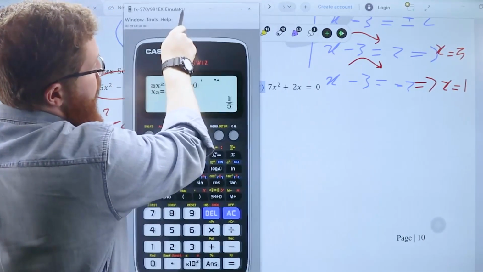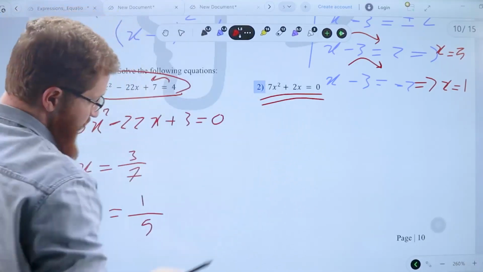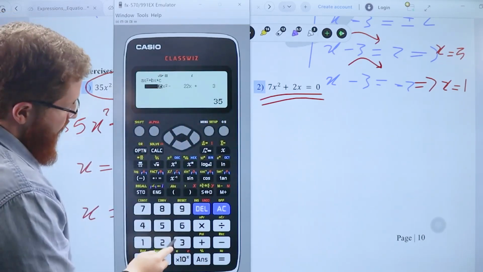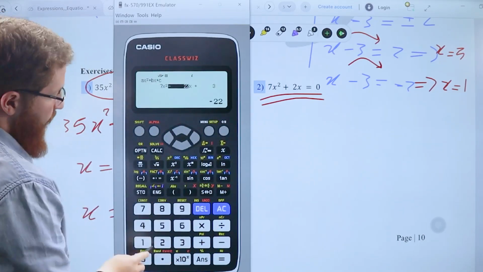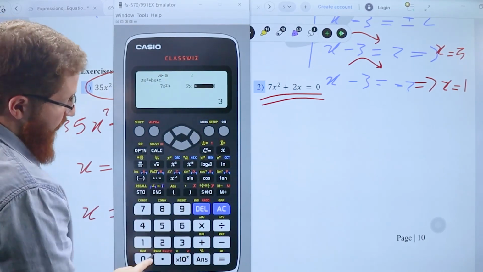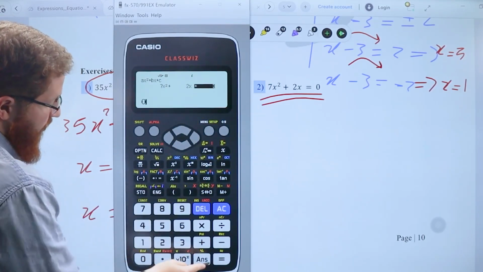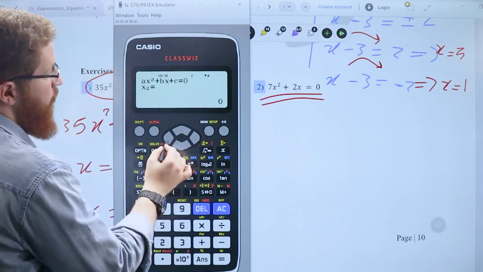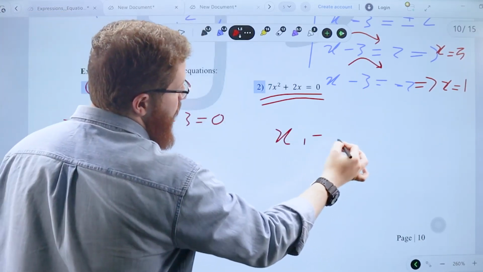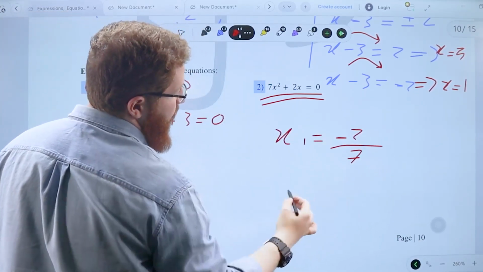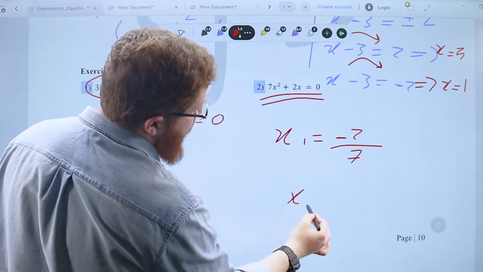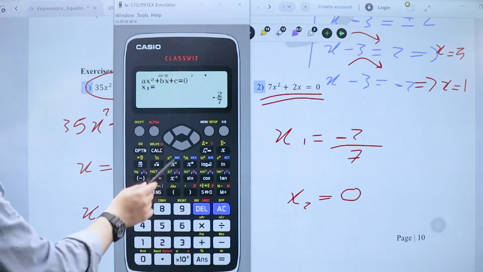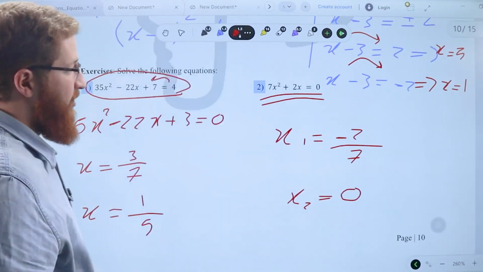Let's solve the other equation. This one, we don't have to do anything to it. Just say x squared is 7 equals the coefficient of x is 2 equals the last one, the constant, is 0 equals. x1 equals minus 2 over 7, and x2 equals 0.